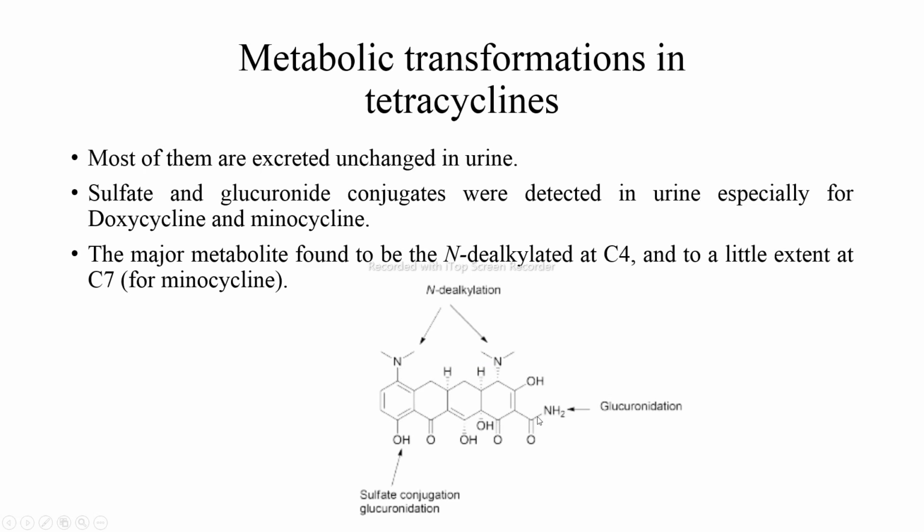In the common structure of the tetracycline, we observe this dimethyl amino group. But in any one of the other structures, if there is a substitution at the 7th position of this dimethyl amino, then the N-dealkylation takes place at these places.